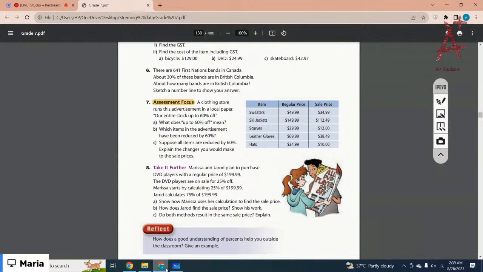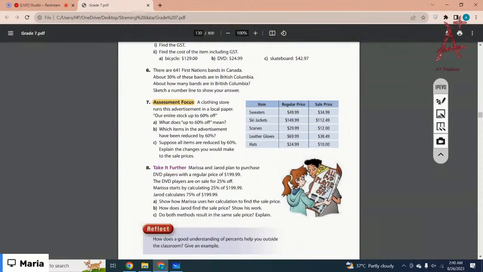So up to 60% means not all items are 60%, right? The maximum reduction is 60%, right? So let's just calculate.